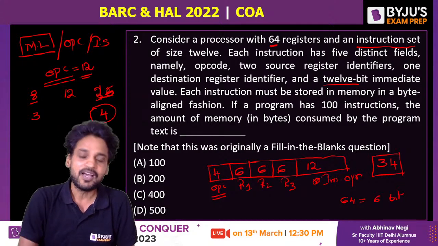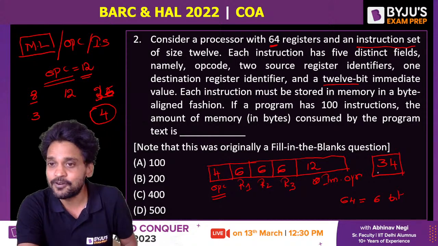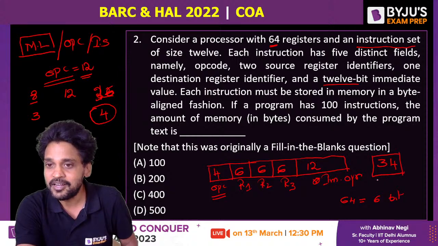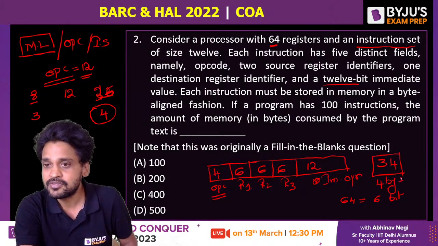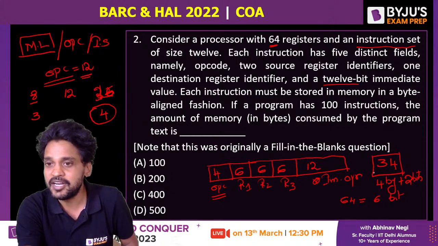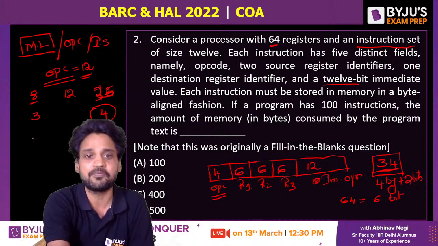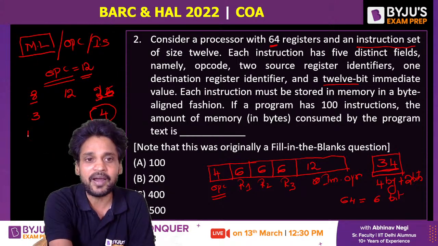So in order to have 34 bits, I do require 4 bytes plus 2 bits. Did I make myself clear? So to accommodate these 34 bits in the computer system, I require 4 bytes anyhow.